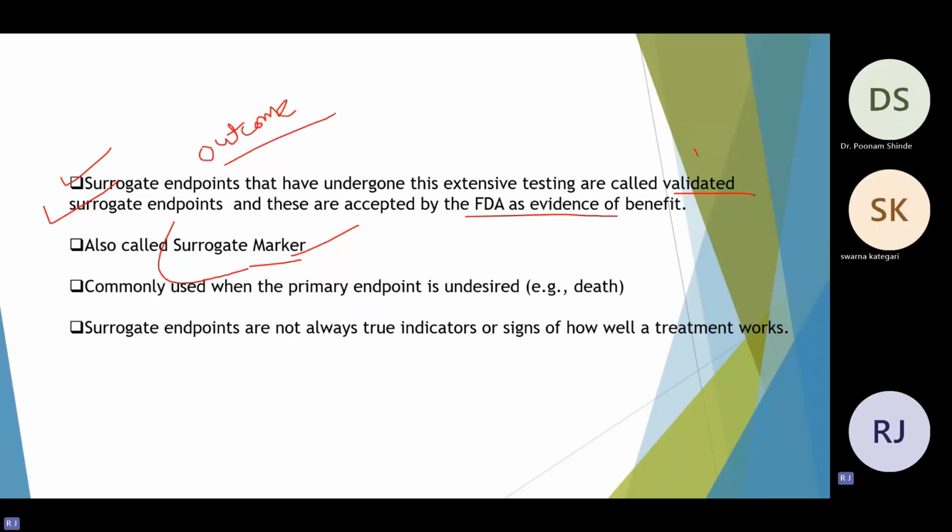Okay, outcome measure, always remember this. So till now we learned about discovery, preclinical, phase 1A, phase 1B, phase 2A, phase 2B, primary objective, primary endpoint, secondary objective, secondary endpoint, and surrogate endpoint.